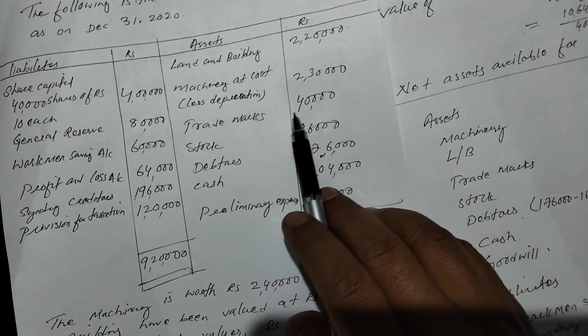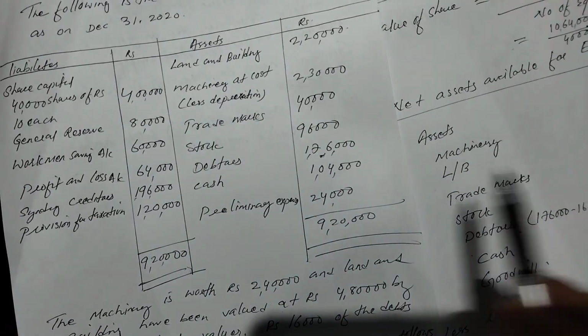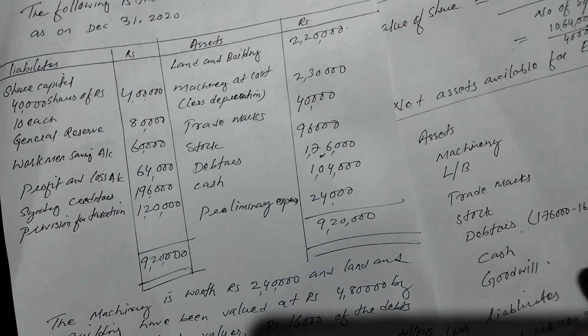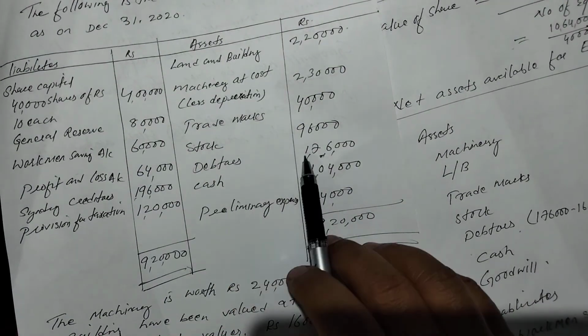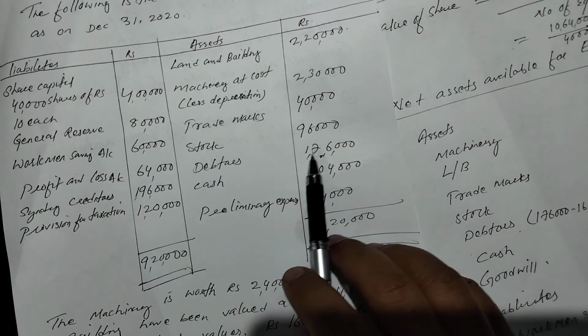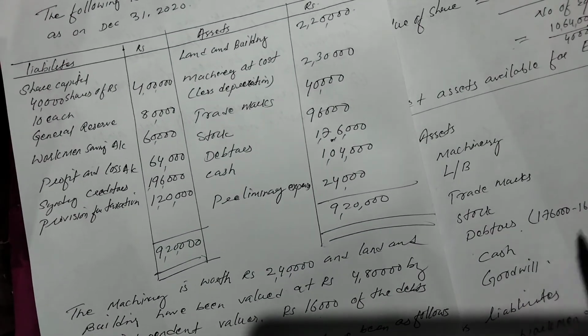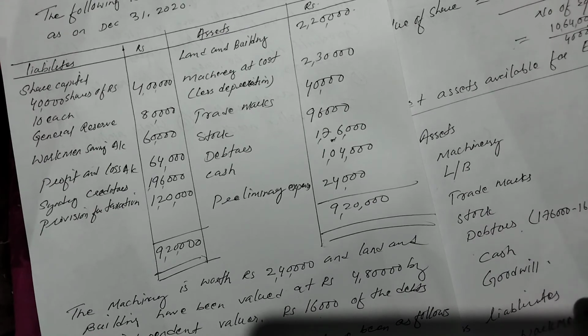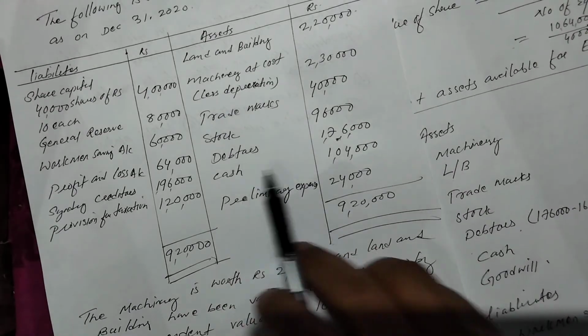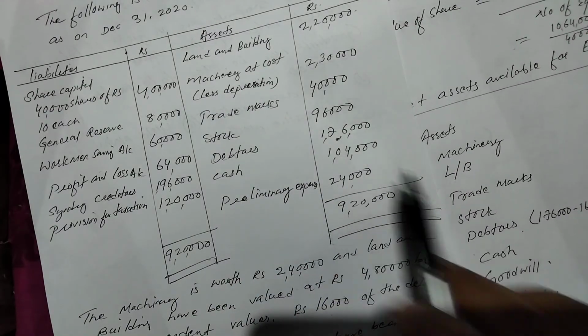Then trademark, there is no adjustment, so straight away 40,000. Stock, straight away. Debtors, here they have written 1,76,000. Out of that 16,000 is bad, so when you deduct 16,000 from 1,76,000, it will be 1,60,000. Cash, of course, 1,04,000.